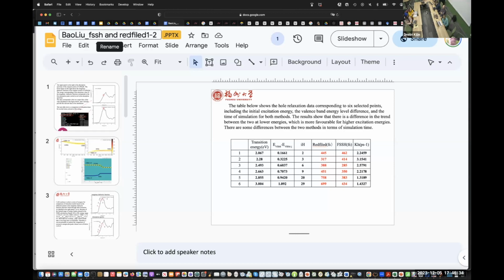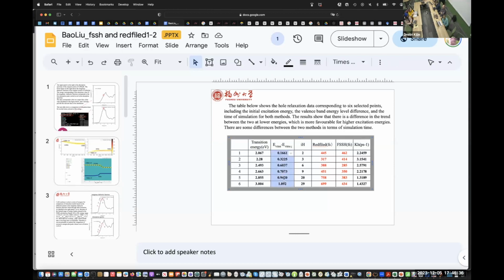So there are data for energy difference, and there are data for rates in both Redfield and surface hopping. And it is just one little step to go from this table to graphical information and check which of the methods fit gap law better or worse.